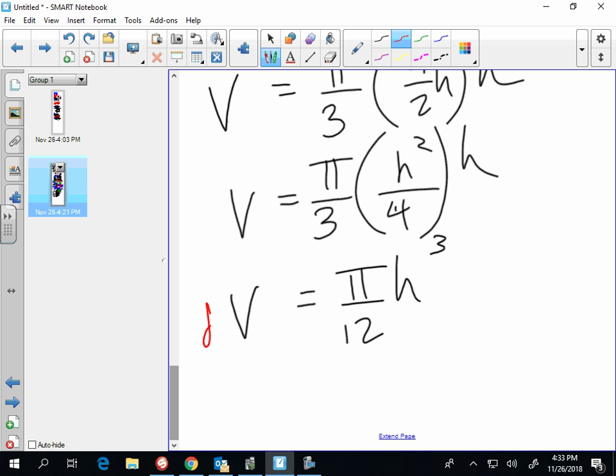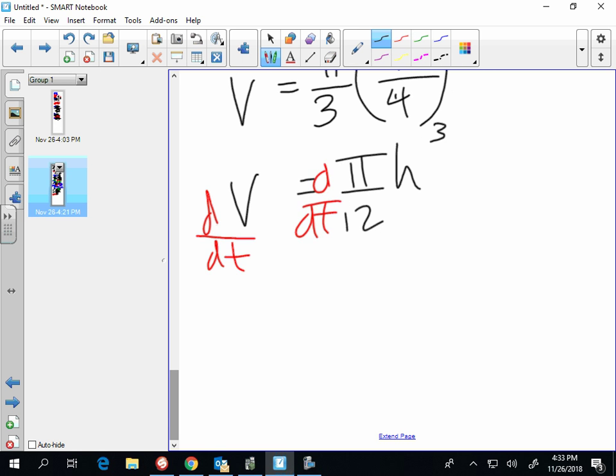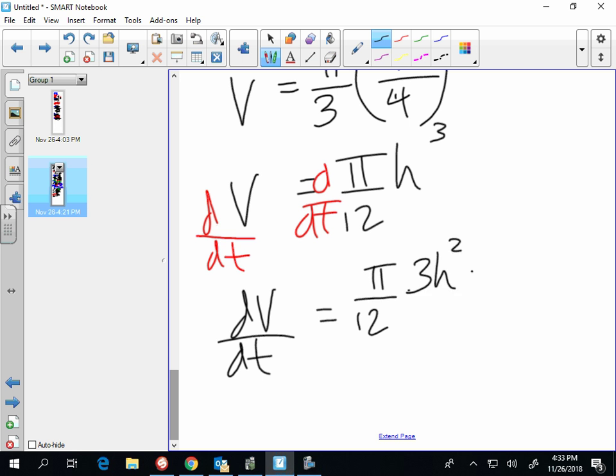Now when I take the derivative of both sides with respect to time, on the left-hand side, I get dV/dt. On the right-hand side, I'm going to get the constant times the derivative of h to the 3rd, which is 3h squared. Don't forget chain rule and take the derivative of that inside h function with respect to t.